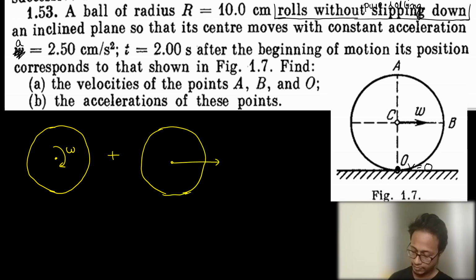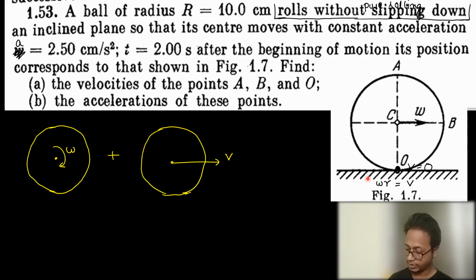Okay, now for pure rolling, the condition is the total velocity at this point should always be equals to 0. So whatever be the instantaneous velocity at any time, should be equals to omega r. So the linear velocity of this point should always be balanced by omega r of this point.